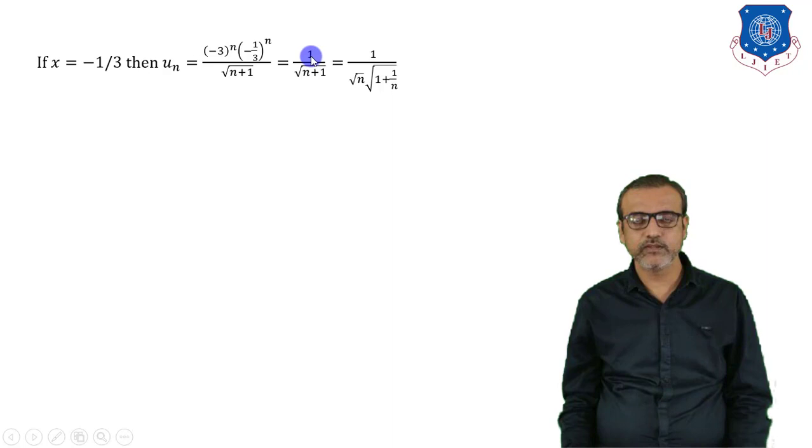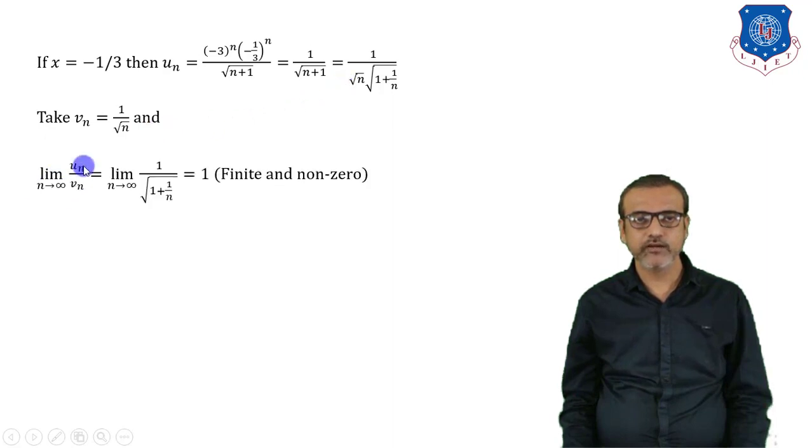So we have in the numerator 1, upon in the denominator root n plus 1, and this is equal to 1 upon, taking n common from the denominator, root n into square root of 1 plus 1 upon n. So now take v_n equals 1 upon root n. Here we are going to apply the comparison test.